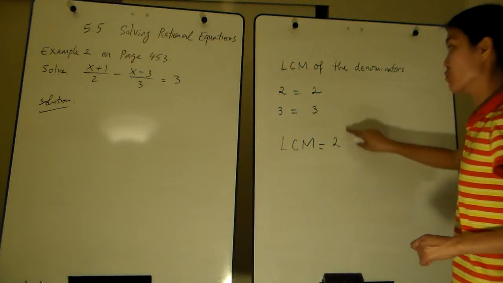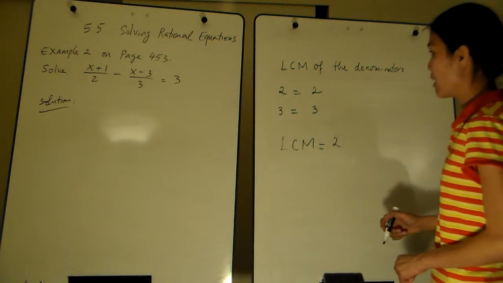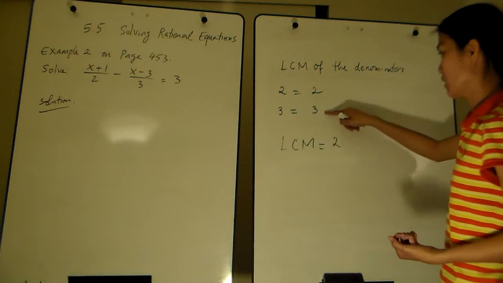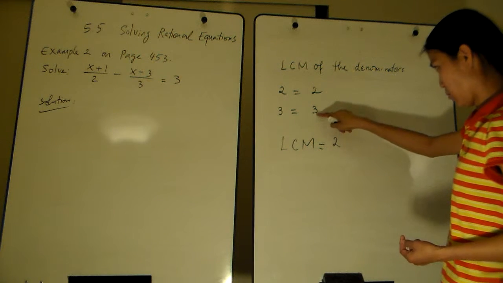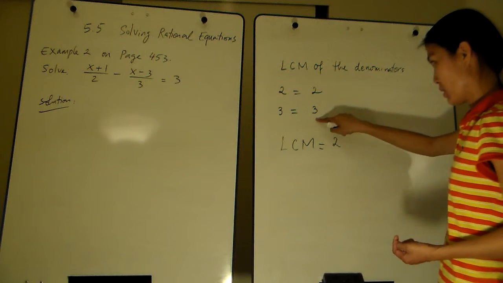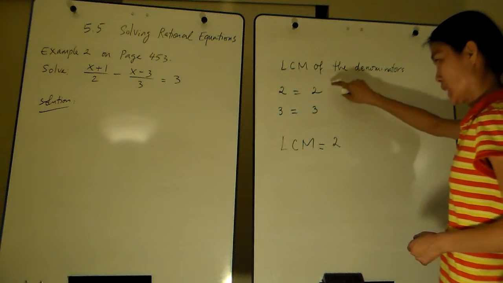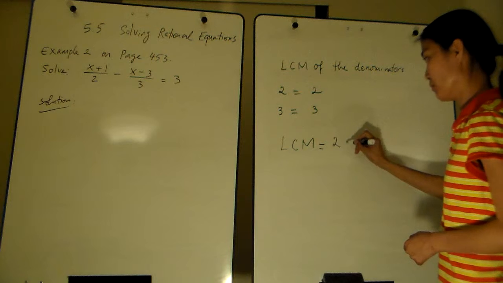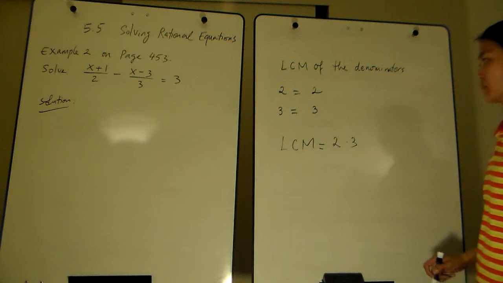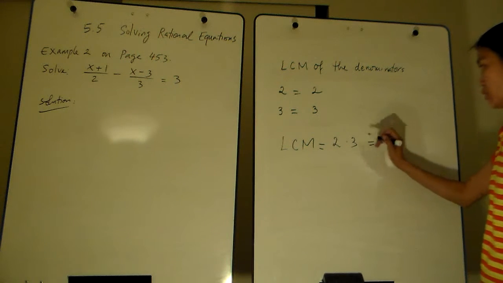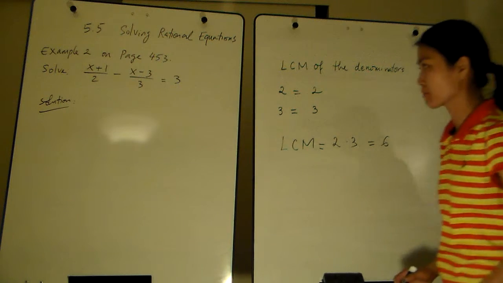Even though 2 is not here, you still need to include 2. How about 3? 3 only happened one time because 3 is raised to the first power. Even though 3 is not in this denominator, you still need to include it. So the LCM is equal to 2 times 3, which is 6. Okay.